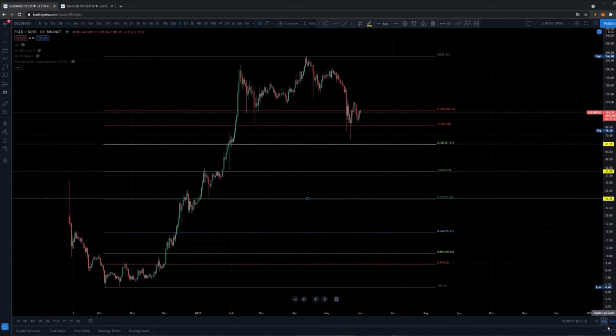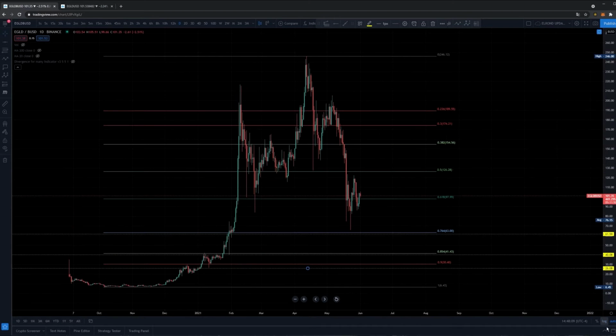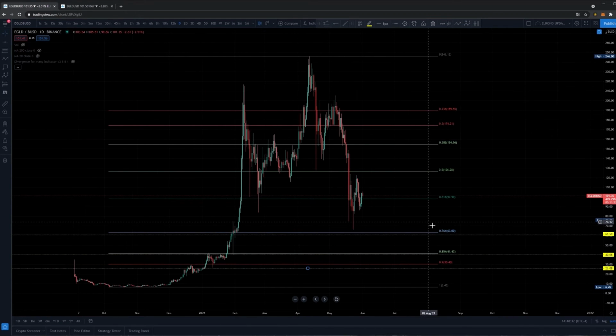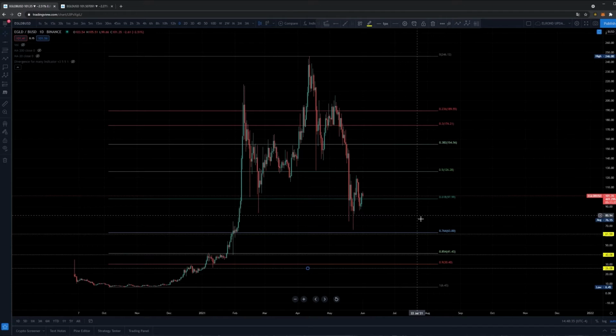If we take out the logarithmic, you will see that it turns out to be very close to the 0.84 and the 0.64, which is $63 and $41.43. And the ultimate target down would be $26. But this will only be possible if Bitcoin is crashing, in my opinion.